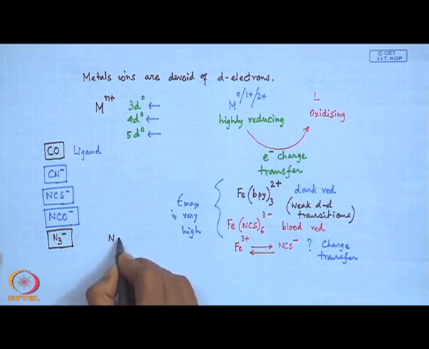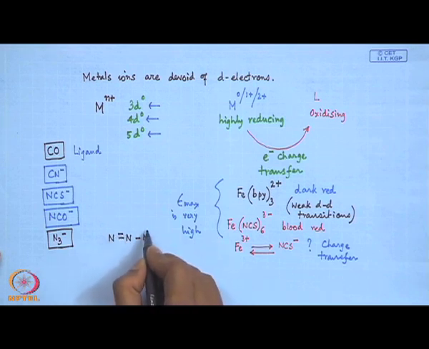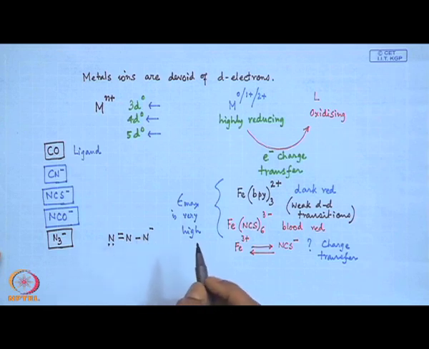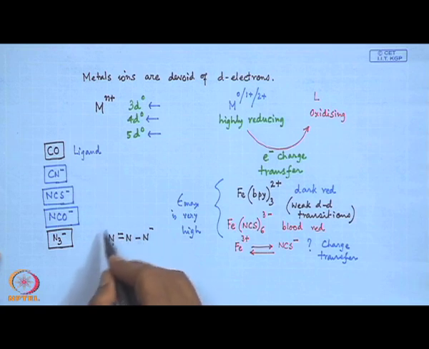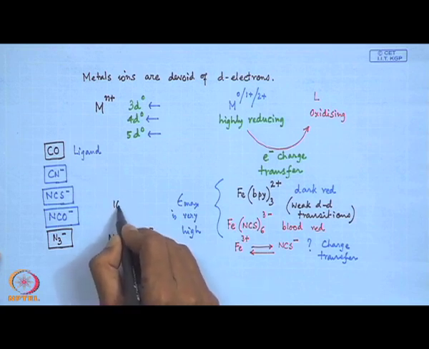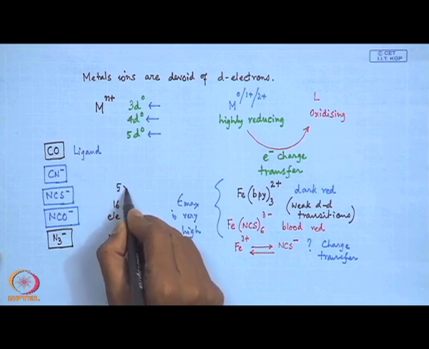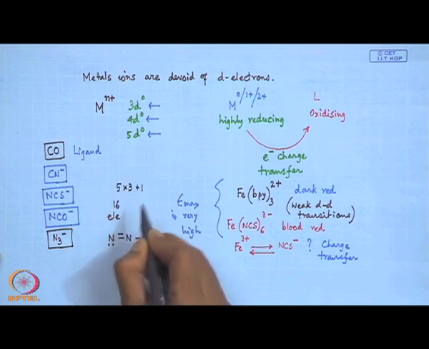So, what we see in the case of the azide ion is the corresponding charge on it and the number of lone pairs of electrons in it, because we have a 5 plus 1, 16 electron system. It will be 5 for nitrogen times 3, plus 1 charge.